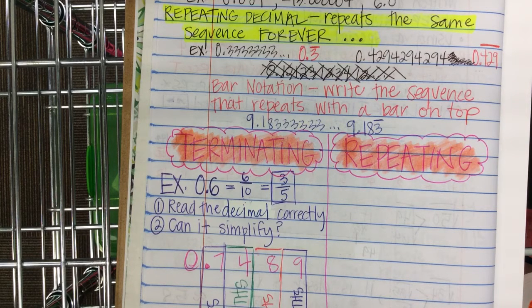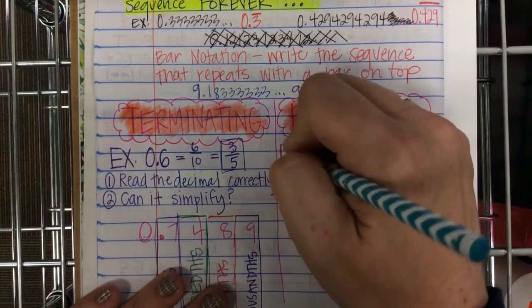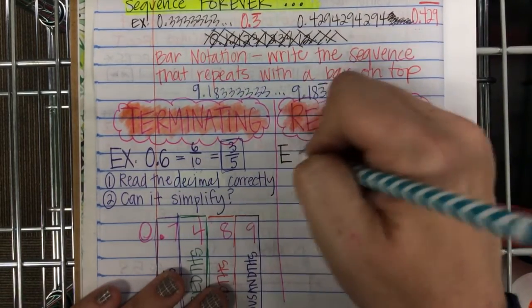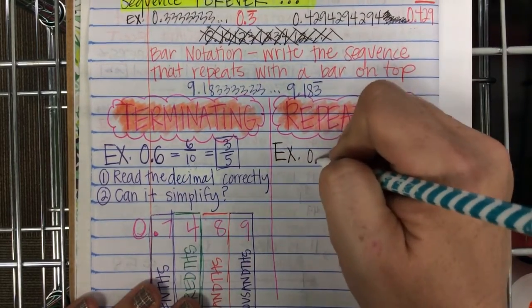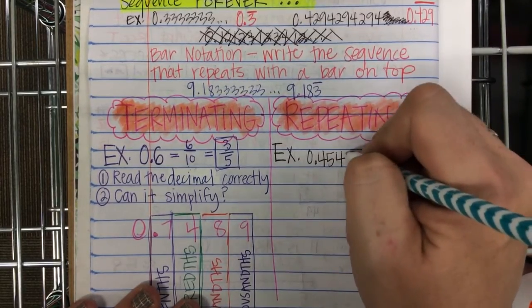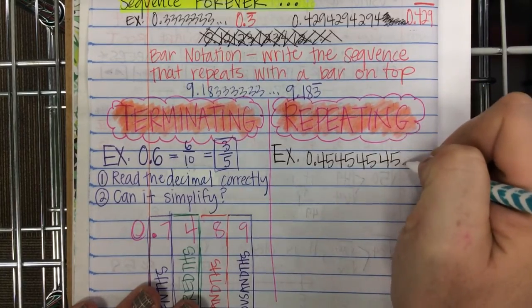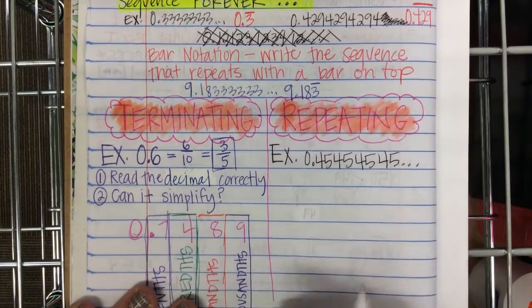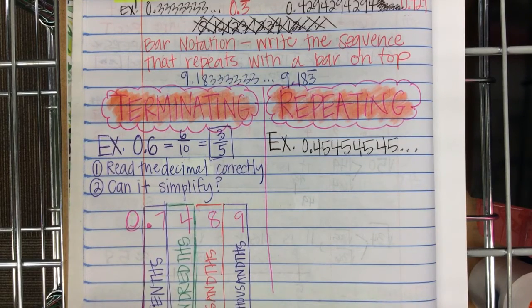Let's go to repeating decimals. Here's our example: 0.45454545 dot dot dot. Is it repeating?